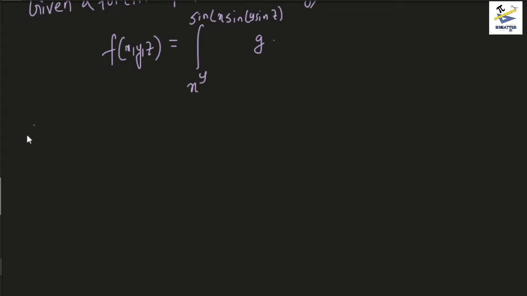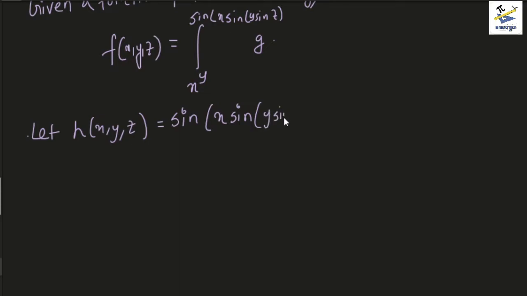Therefore, let h equal sine of x sine of y sine z. The part where the derivative is found before, that video would also be included, and you can refer to that video to understand how to find the derivative of this function exactly.